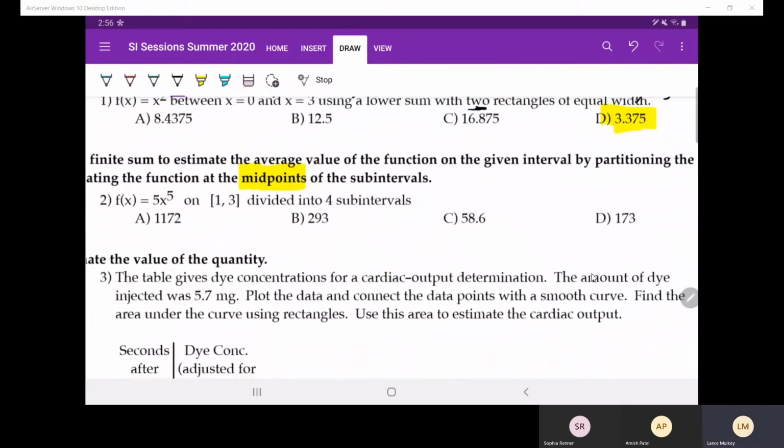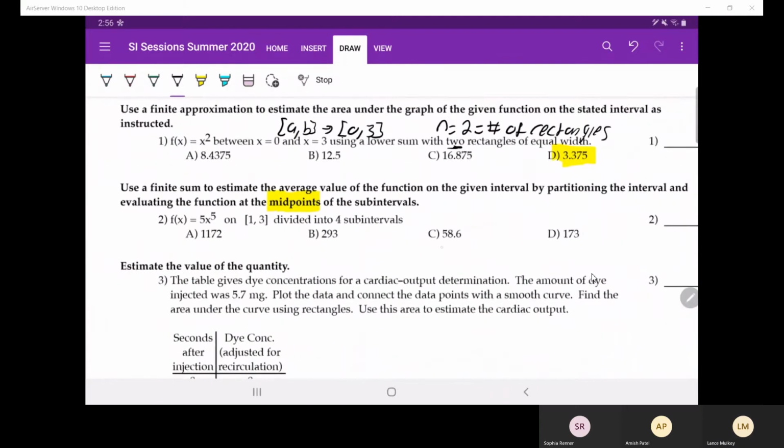That's 58.6. So you got 586 point... You got what I got, right, Sophia?